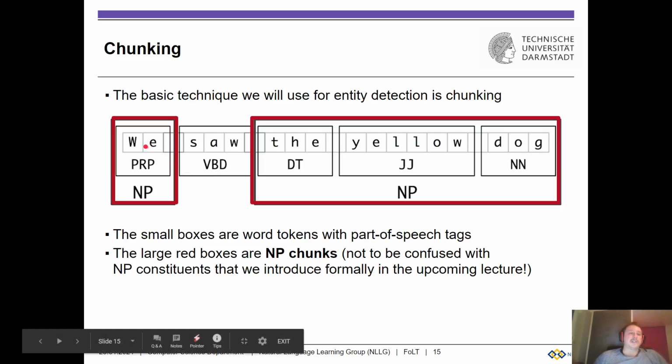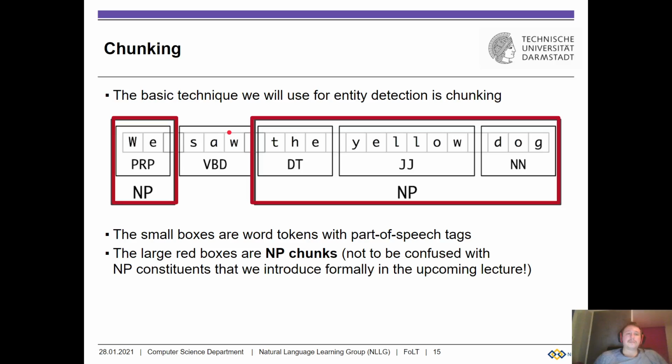Let's say we have a sentence such as "we saw the yellow dog", and we now do this chunking, which is like a prerequisite for entity detection. Once you have chunked your text, it's also much easier to detect entities.